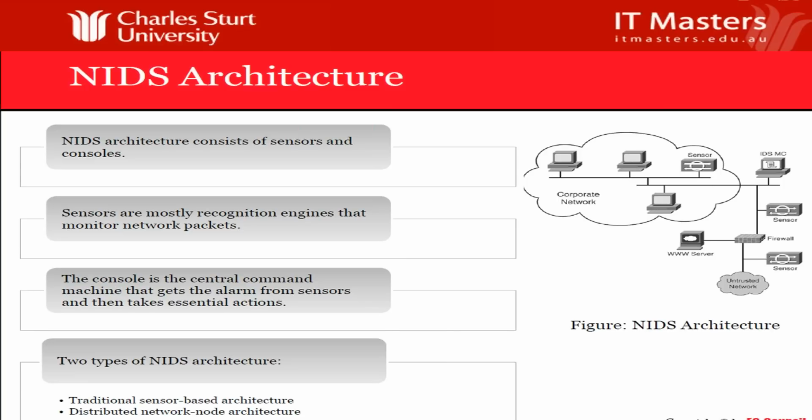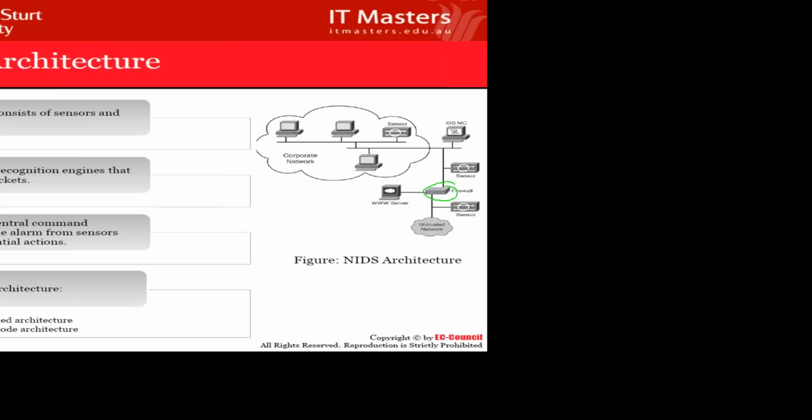There are two types of NIDS-based architecture. One is the traditional sensor-based architecture, where you place the sensors in the network, in the firewall, and before the firewall. If you look at my screenshot here, this is my firewall, and my sensors are before and after the firewall, just in case traffic passes through.